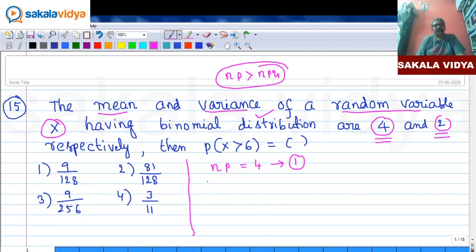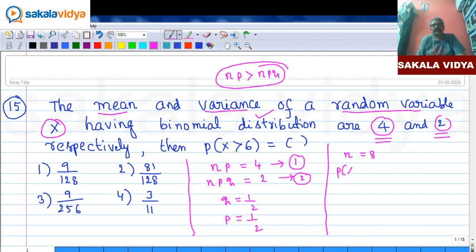Parameters we need to find out. First npq, the variance, is 2. Dividing 2 by 1, you get q is equal to 1 by 2, obviously p becomes 1 by 2. So from equation 1, n by 2 is equal to 4, n is equal to 8.